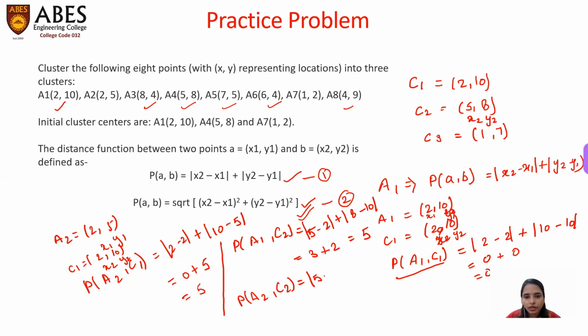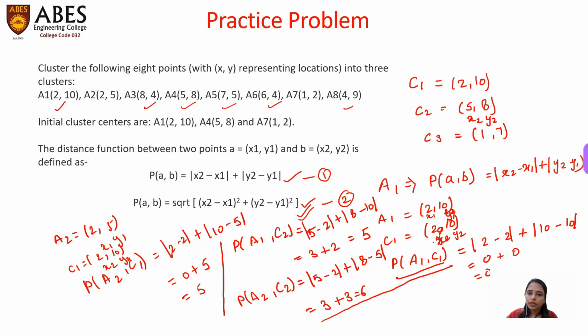So x2 minus x1, 5 minus 2, plus y2 minus y1, 8 minus 5, is equal to 3 plus 3, which is 6. Okay. Now we will calculate for cluster 3 also.